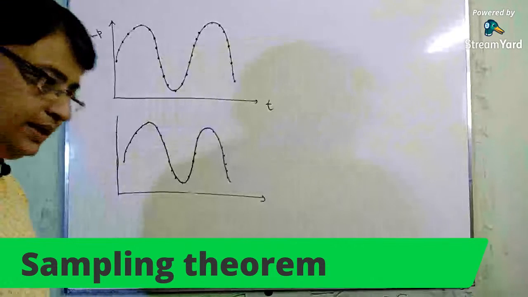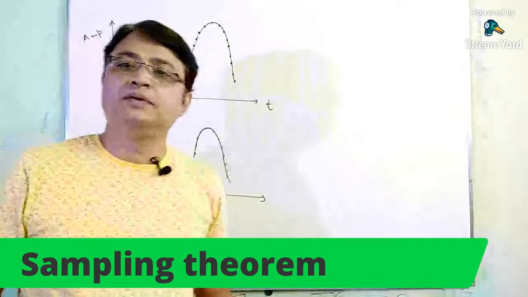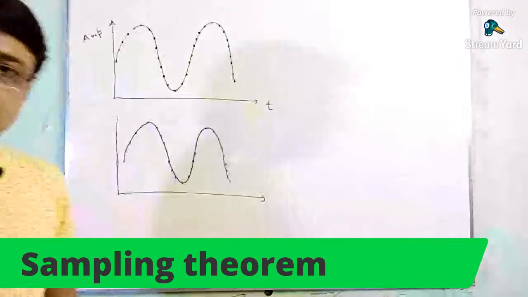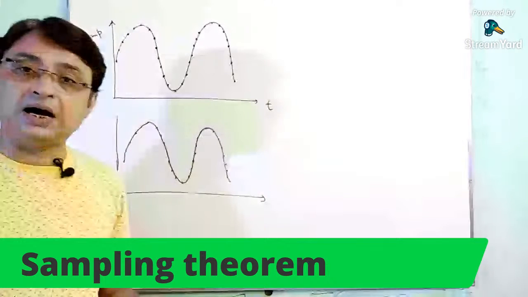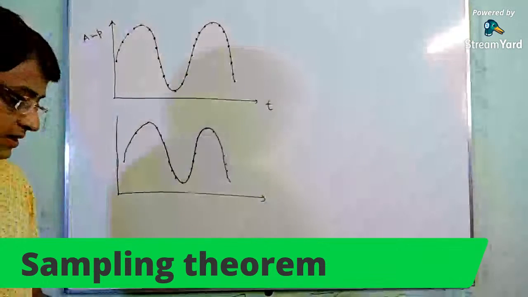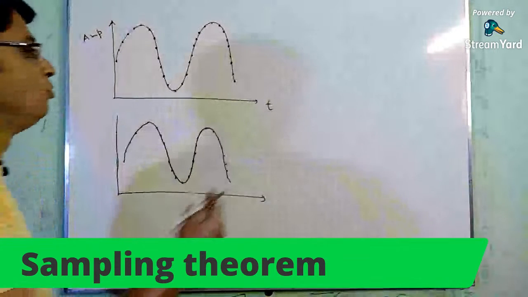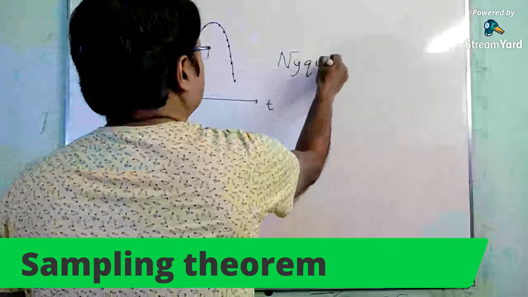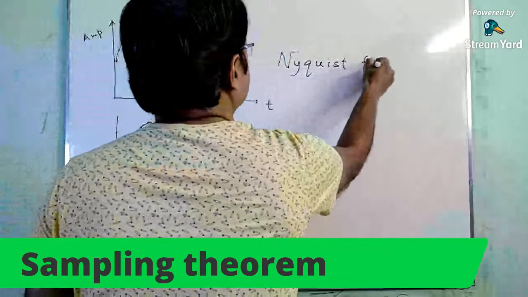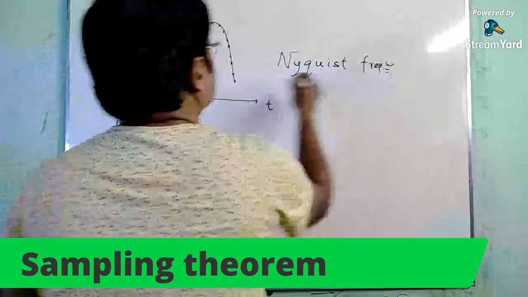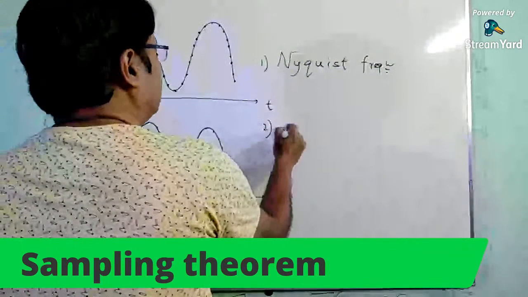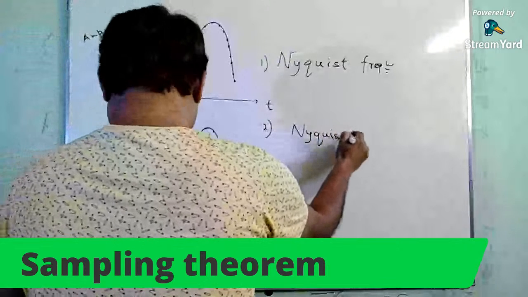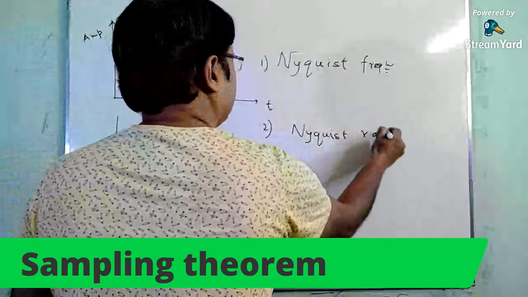Now, till this part, two most important terms are already discussed. One is the Nyquist frequency, and the other important term is the Nyquist rate.